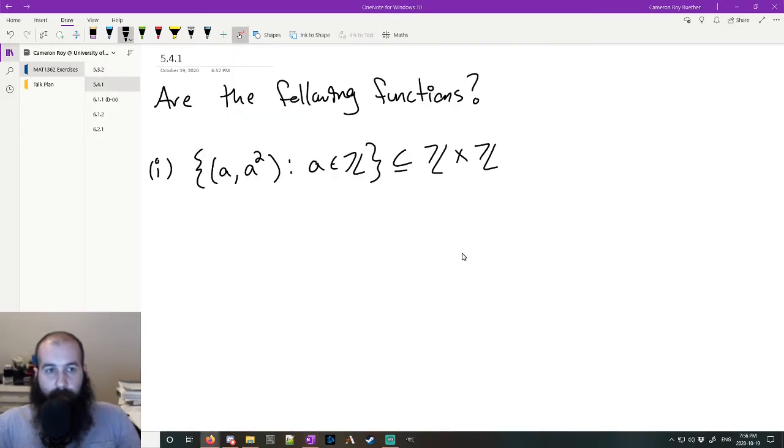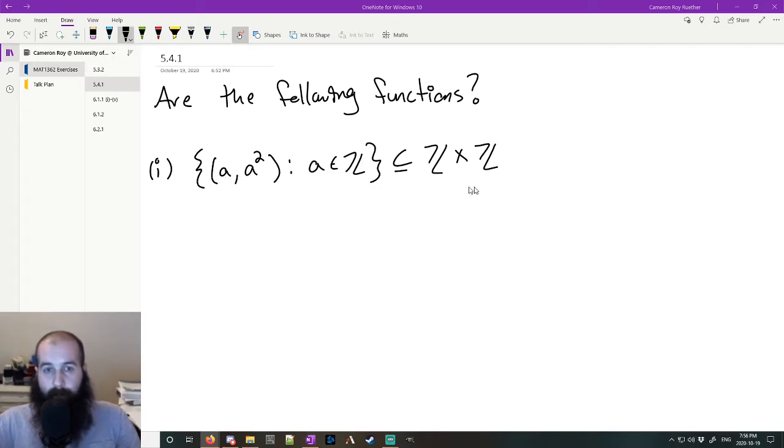Moving on to functions, exercise 5.4.1 gives us a series of sets and asks us if they define a function. And we can recall that a set in a Cartesian product defines a function from the first set to the second set if, for every element in the first, there is a unique pair containing that element in the set defining the function.